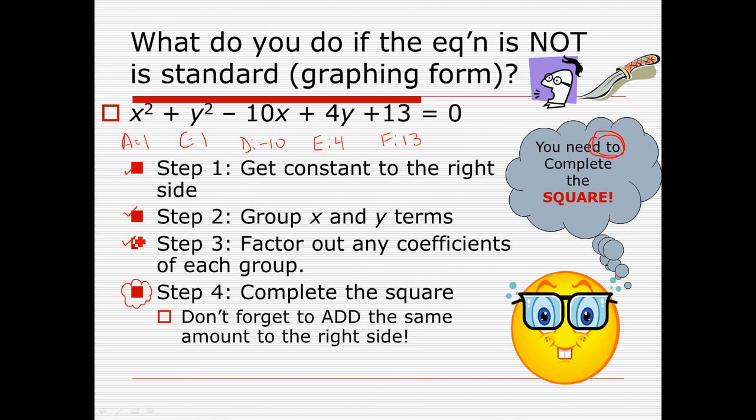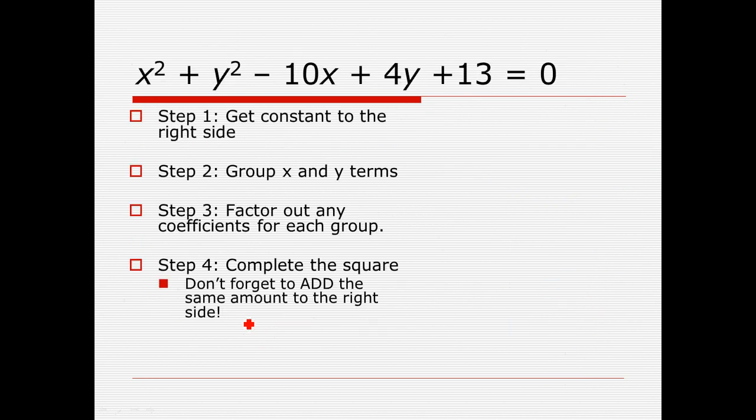Factoring doesn't change anything. But when I complete the square, I am changing the values of one side of the equation. I have to change it by the same amount. So I didn't change anything. This is the exact same equation, and I just gave myself some room over here to work.